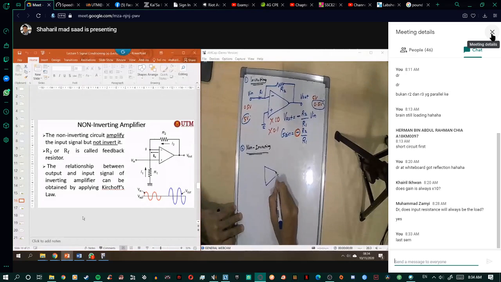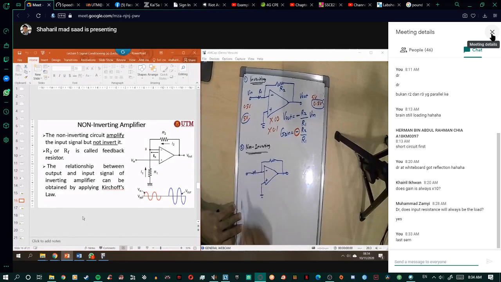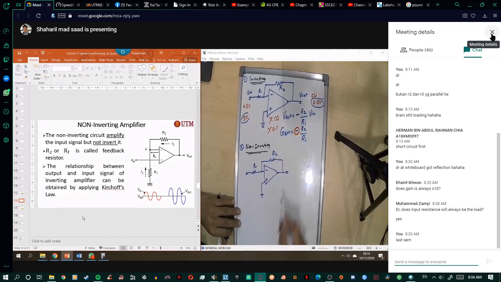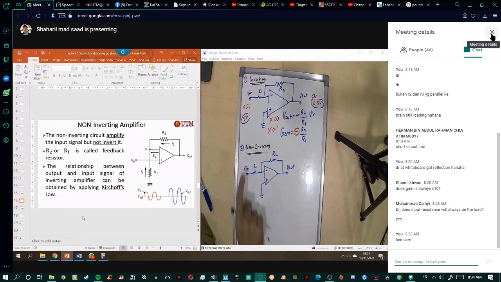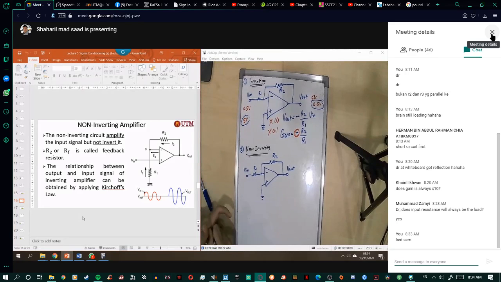It has the triangle and the feedback resistor, R1, R2, V out, and V in. Now in order to draw the non-inverting, you just switch the ground and V in.